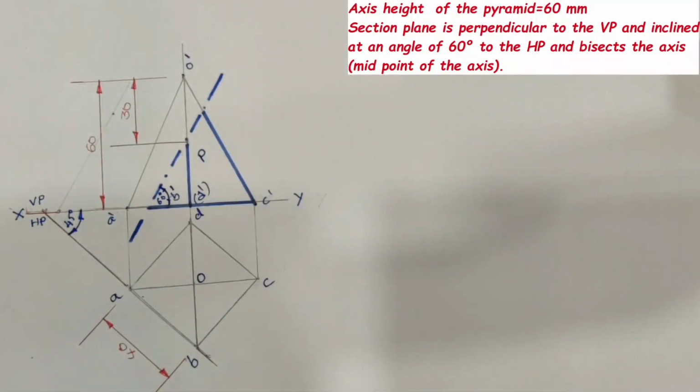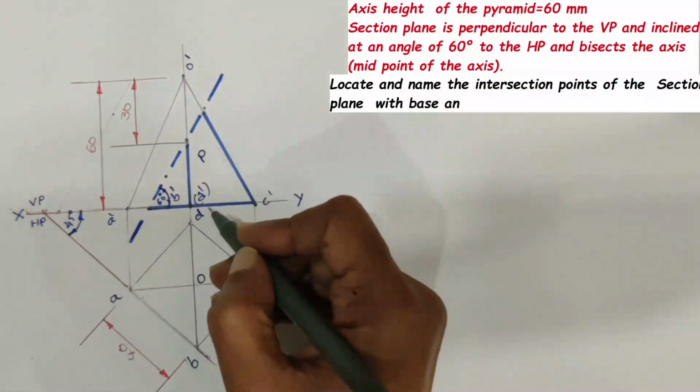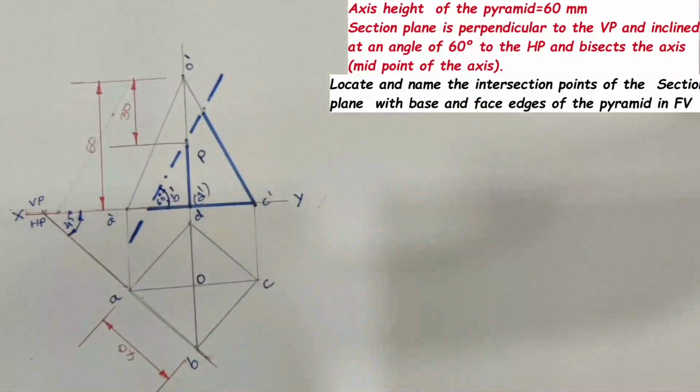Now we will locate the intersection points of the section plane with the base edges as well as the face edges of the square pyramid.